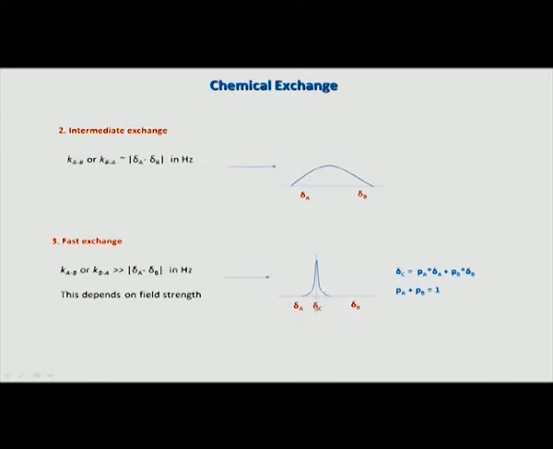And what is that average value? It is the population weighted average. Suppose the population of molecule A was 70% in concentration, and state B was only, let us say, 30%. That comes from your thermodynamics.